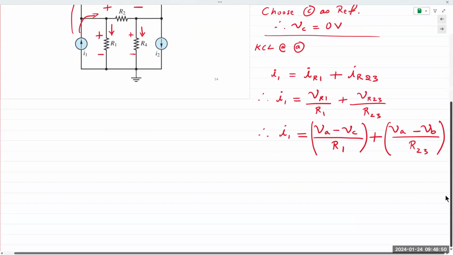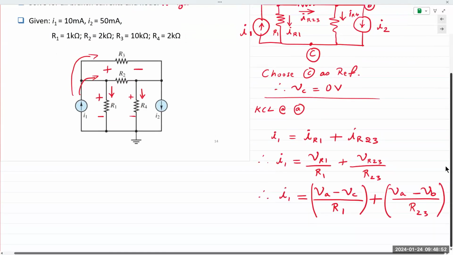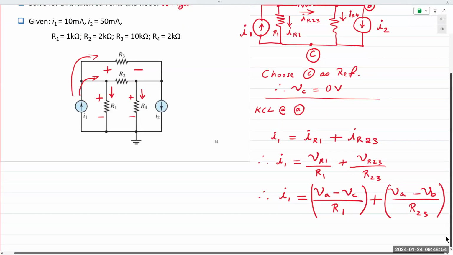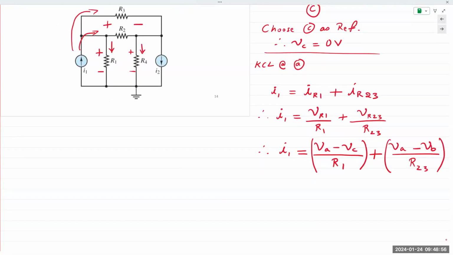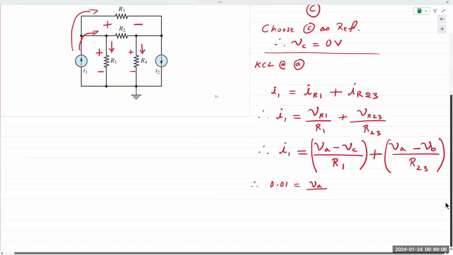I1 is given to us as, what is given? 10 milliamps. So 0.01 is equal to VA minus VC, and VC is 0 volts, so it's VA divided by R1.